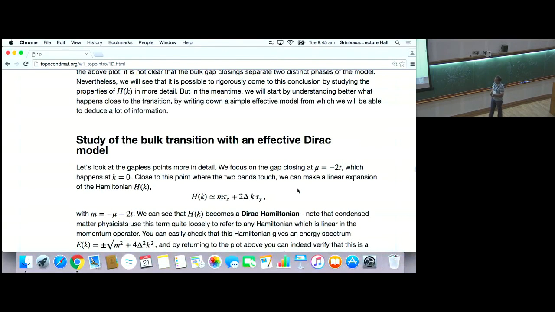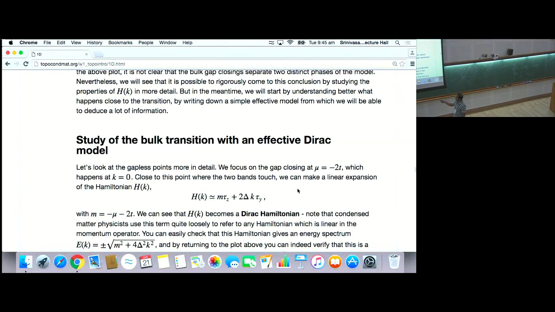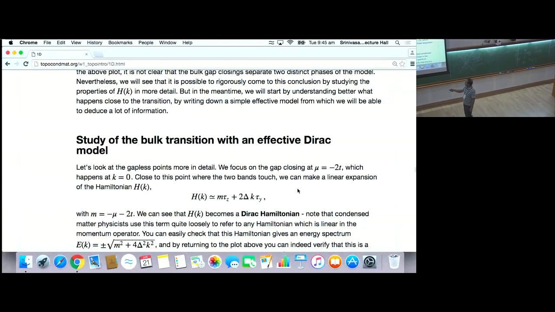So the Dirac Hamiltonian: if you literally took the Hamiltonian we had before, this 2t cosine k minus mu tau z and all that, and went to k equals 0, but then expanded to linear order in k, the Hamiltonian just becomes this.